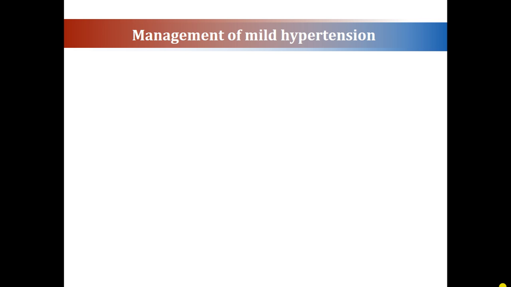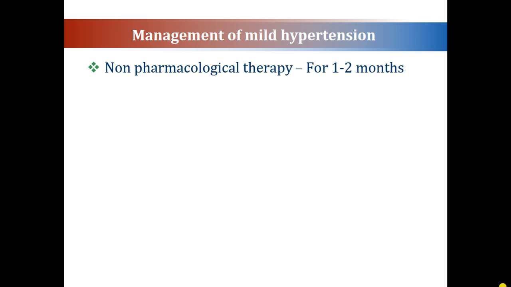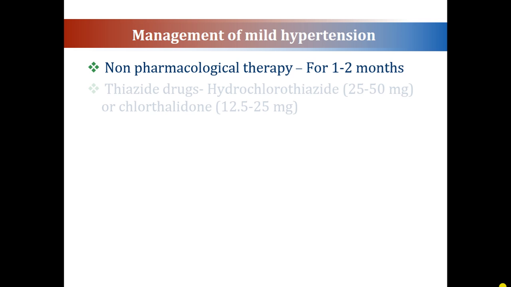Now we come to the management of mild hypertension. You start with non-pharmacological therapy like weight reduction, salt-restricted diet, dietary modification, reduction in alcohol consumption, proper sleep, yoga, mental relaxation, regular physical exercise, etc. for 1 to 2 months.